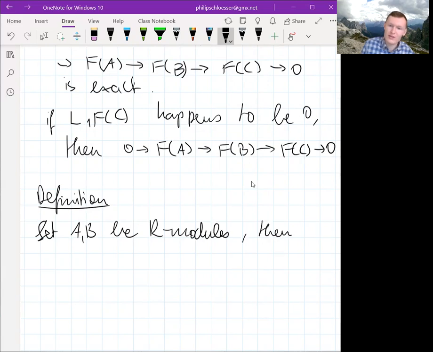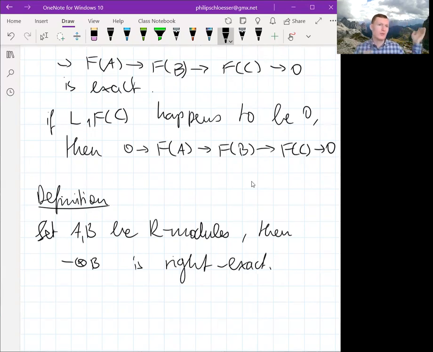Then the functor where we just take a tensor product with B is right exact, because if we have a surjective map, we get a surjective map of the tensor products with B, but injectivity might fail because we could have some torsion.